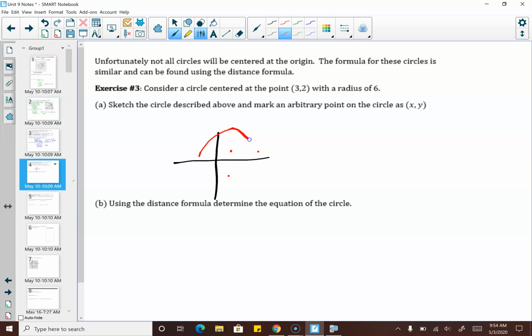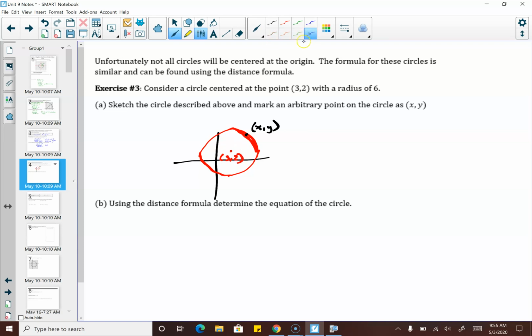And then we're going to do our best to sketch our circle. All right. Now, it wants us to pick a point anywhere on the circle to be (x, y), just so that we keep everything nice and easy. I'm going to pick that point right there, and I'm going to call it (x, y). All right. So we know that this point is (3, 2), because that's our center.